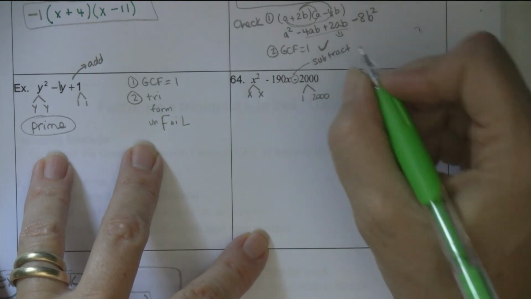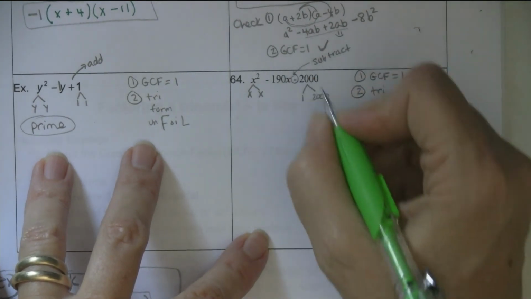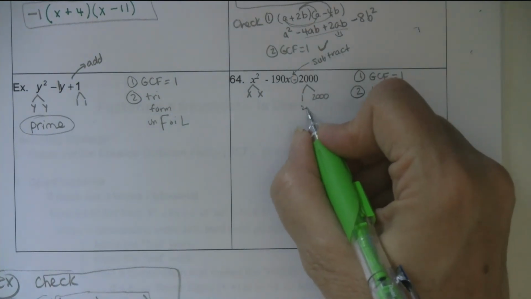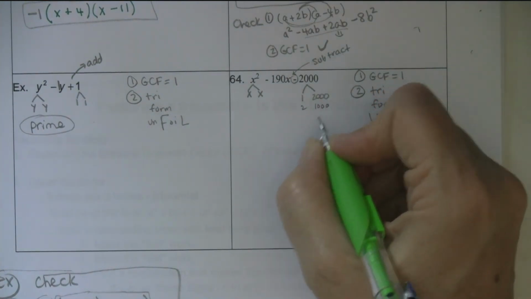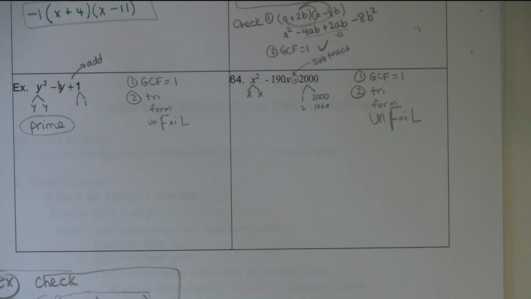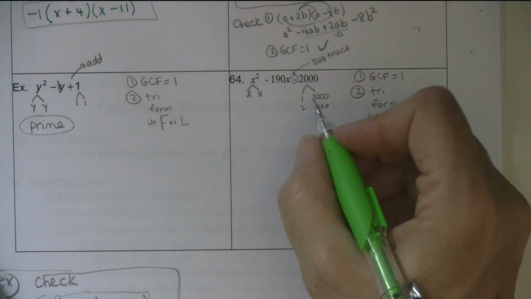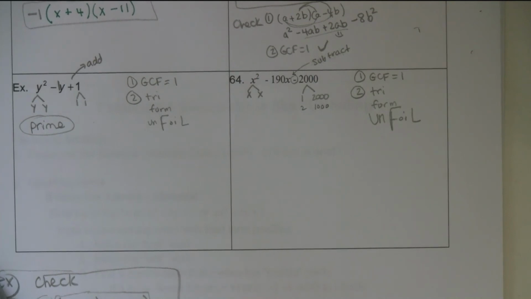That subtract didn't look very much like a subtract, but that tells us what we're going to do. And I know it's not 2 and 1,000 either, because when I subtract those, that's 998, which is not 190. And I don't believe 3 goes into 2,000.